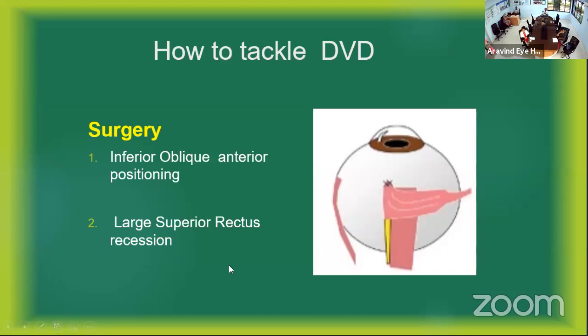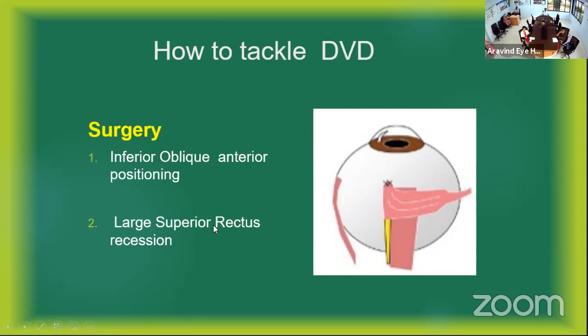Initially we were talking about plication. I hope you will remember. In these cases, when you have exotropia with a very large angle and a very large DVD, then apart from tackling the medial and the lateral rectus, you have to do the inferior oblique and the superior rectus also.